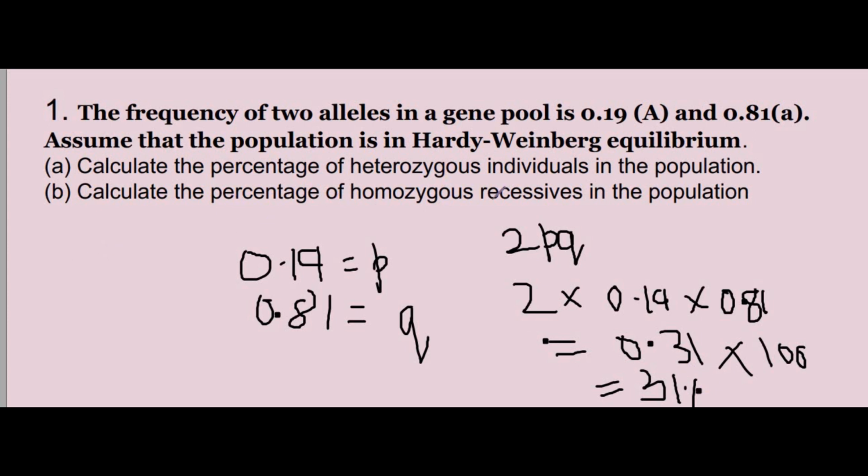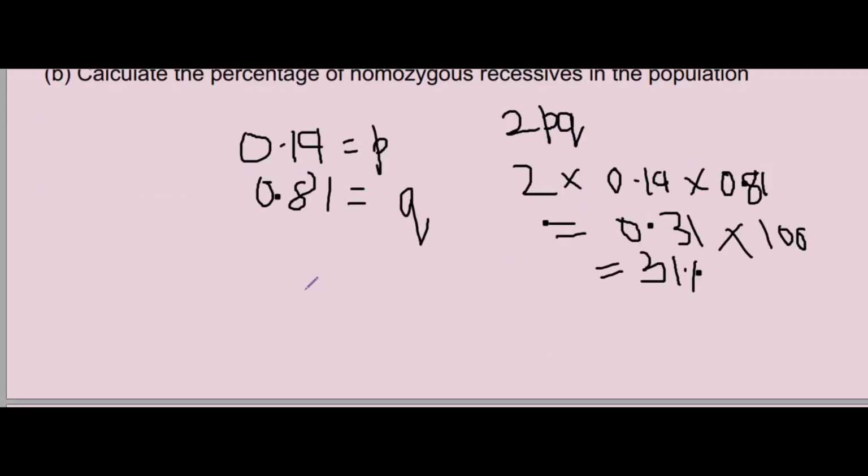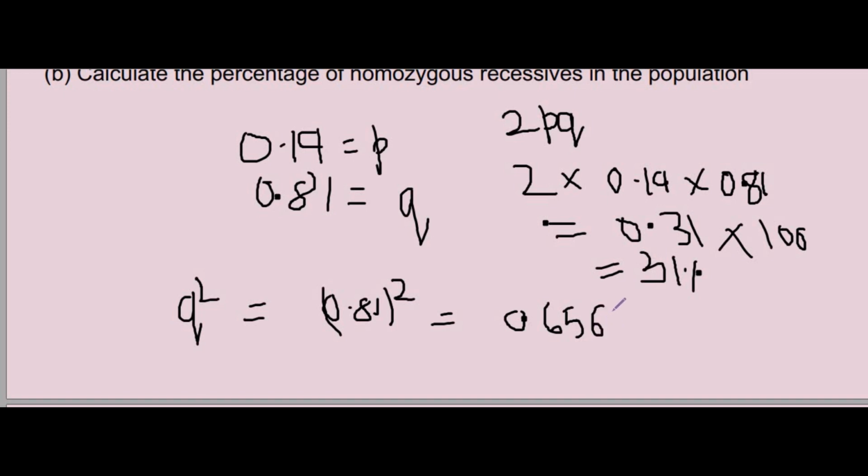Similarly, the percentage of homozygous recessive in the population is to be calculated. How do we calculate it? It is homozygous recessive, so it will be Q square. Just take the value of Q and calculate the square of it. This gives you 0.6561.